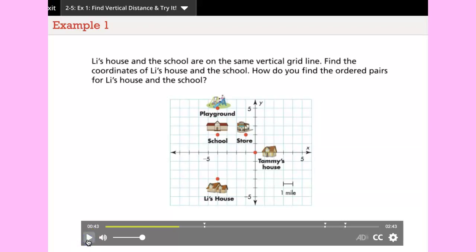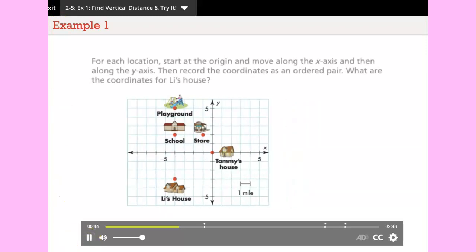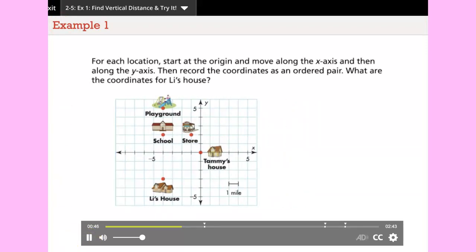I'll give you time to find the coordinate points, the points that represent Lee's house and the school. All right, go ahead. For each location, start at the origin and move along the x-axis and then along the y-axis. Then record the coordinates as an ordered pair.